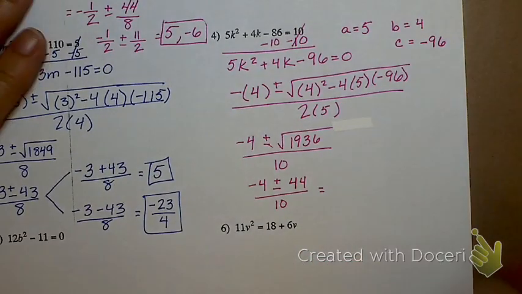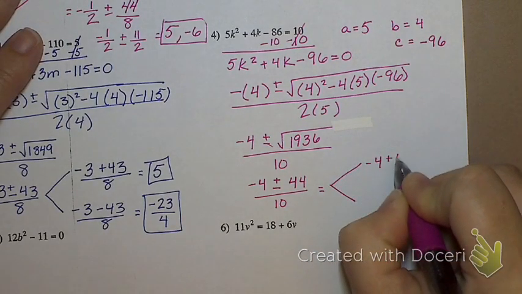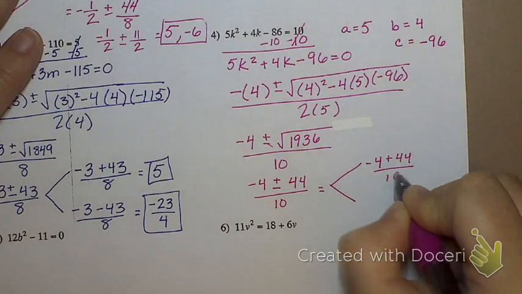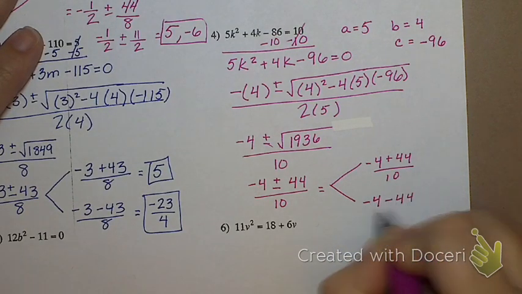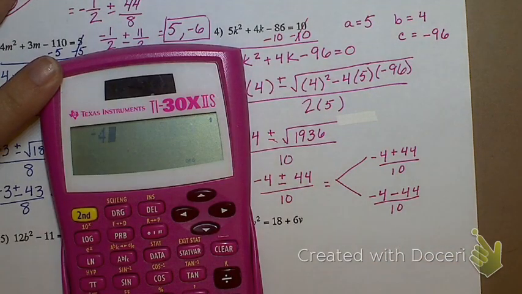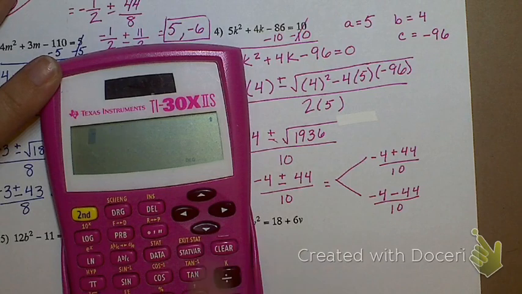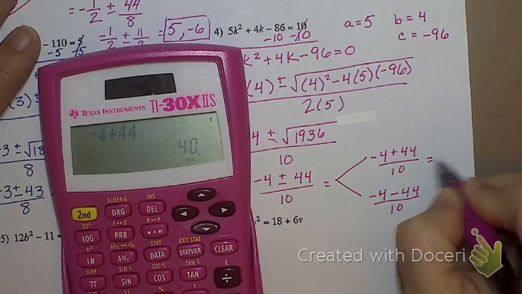All right. So what do I have? I have -4 plus 44 over 10 and -4 minus 44 over 10. So -4 plus 44 is 40. Divided by 10 is 4.